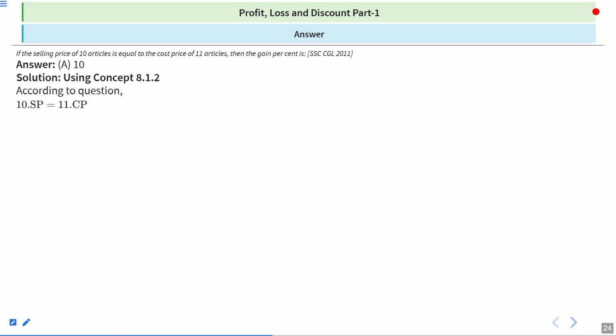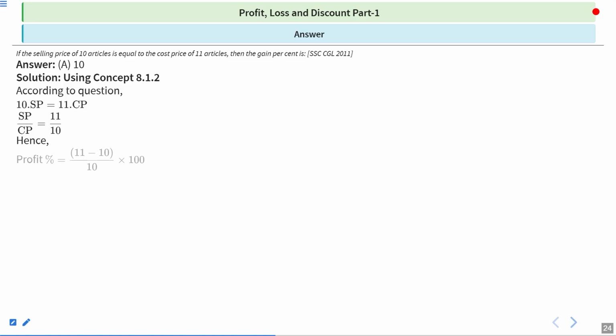So we compare and get the ratio of selling price and cost price: selling price upon cost price equals 11 by 10. Now we can clearly visualize that if the selling price of each article is 11, then the cost price will be 10 rupees. So there is a profit of 1 rupee.